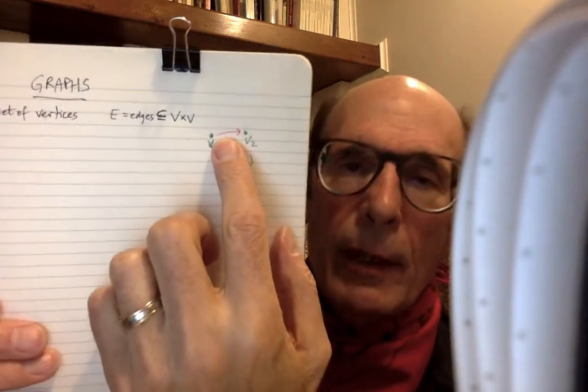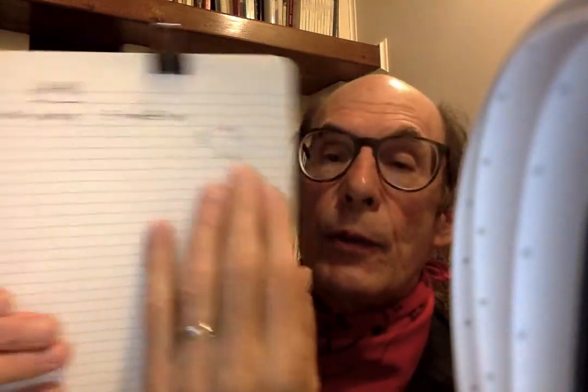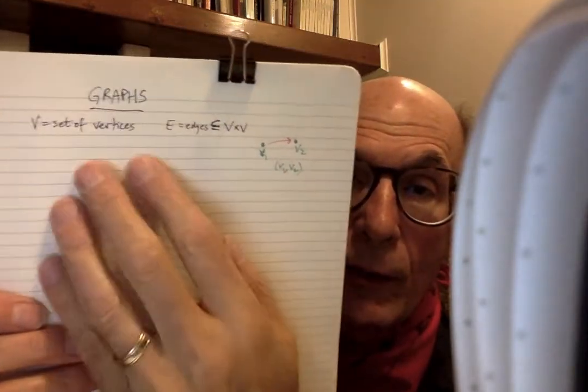The edge is in pink. So this is the basic idea of a graph. You've got a bunch of ordered pairs of things. This is a directed graph. Some people say digraph. I don't happen to like that, but it's not wrong. It's directed because you have an ordered pair. There's an ordering to how you consider the edges. You have the initial point and the terminal point.